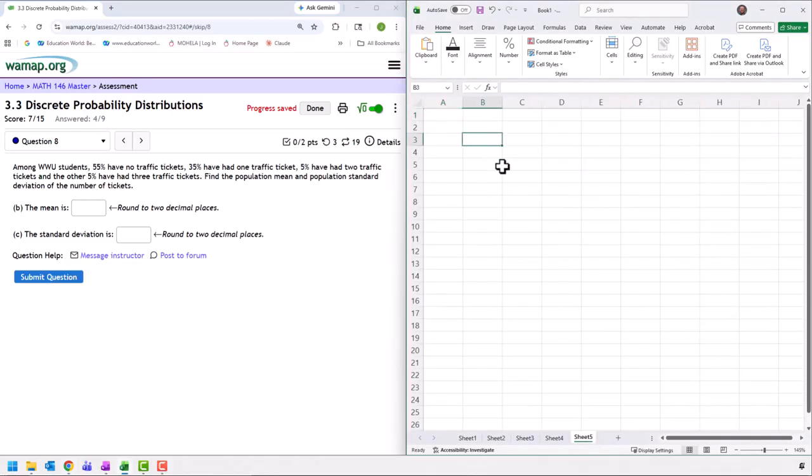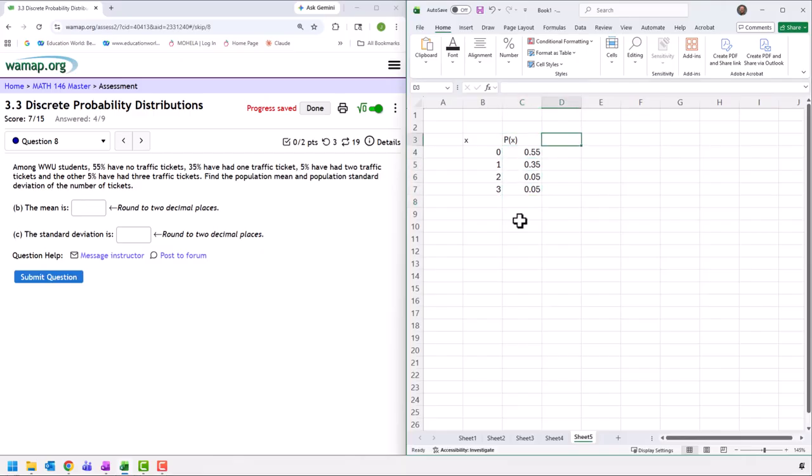So we'll say our X's here. These are the outcomes. So no traffic tickets, 1, 2, and 3. The associated probabilities. 0.55, just going from 55%, making it a decimal value. 35%. 5%. Tempting to put it as 0.5, but it's actually 0.05. Remember, we're dividing by 100.